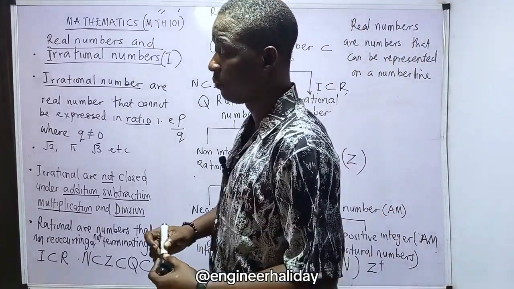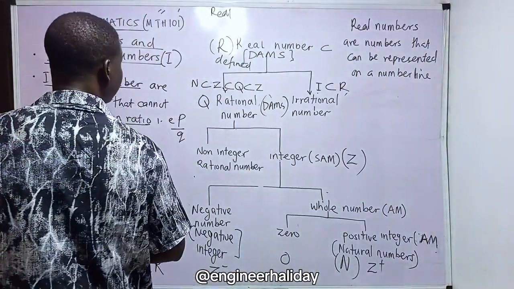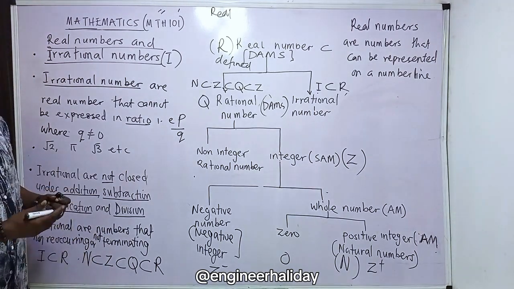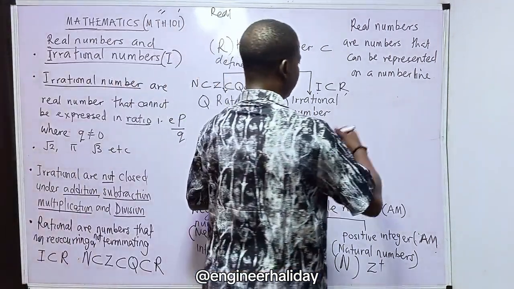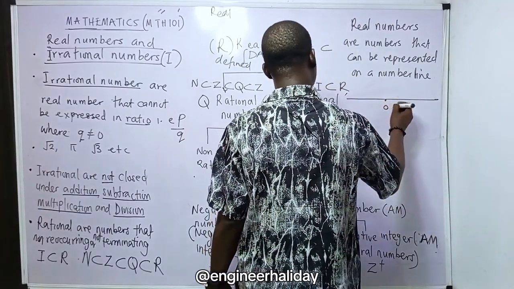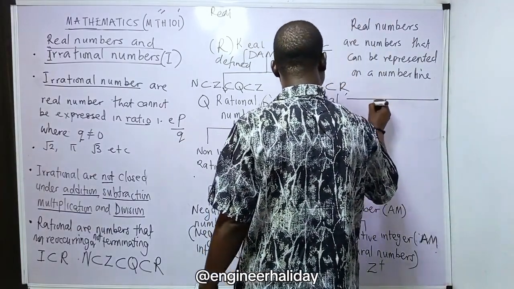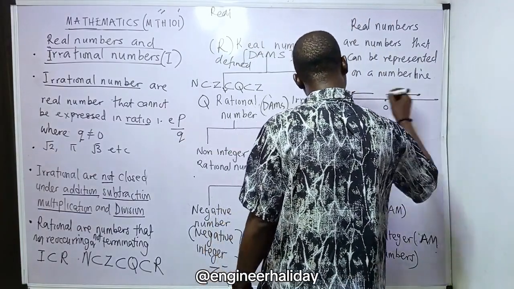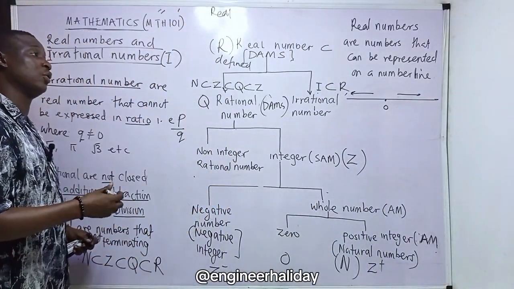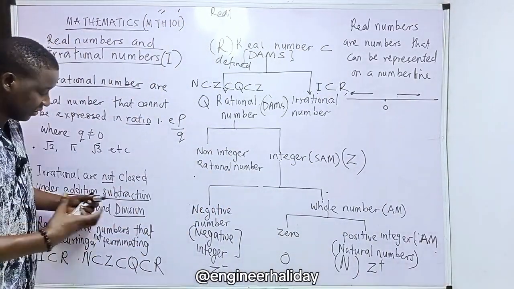That means we can draw them on a number line. You understand now? Negative will be here, positive will be here. So positive on the right hand side, negative on the left hand side. So that is the number line.